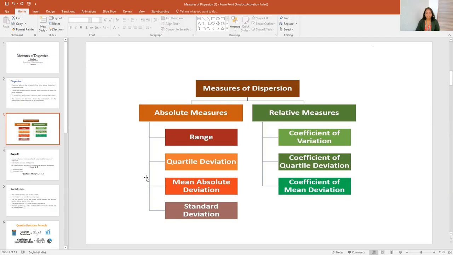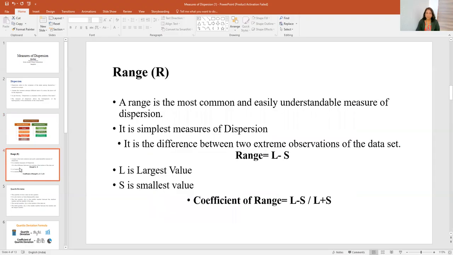The first is range, then quartile deviation, mean deviation, and standard deviation. In relative measures, we have coefficient of variation, coefficient of quartile deviation, coefficient of mean deviation, and coefficient of range as well.